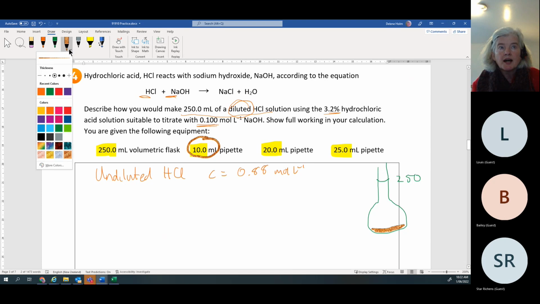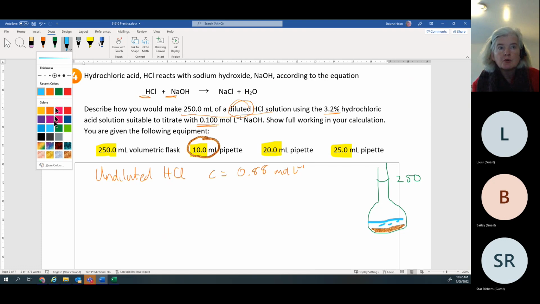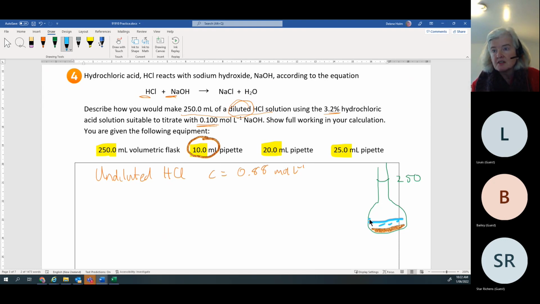Or do I do 20 mils, okay, and fill it up? Or do I use 25 mils? Did that change color?